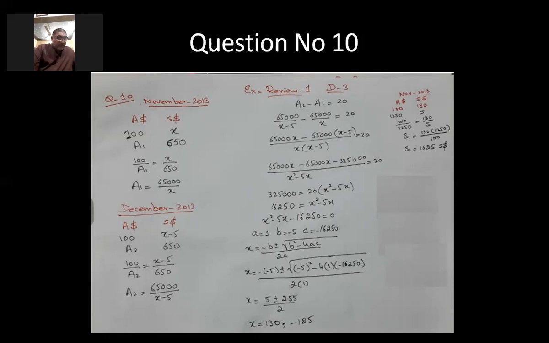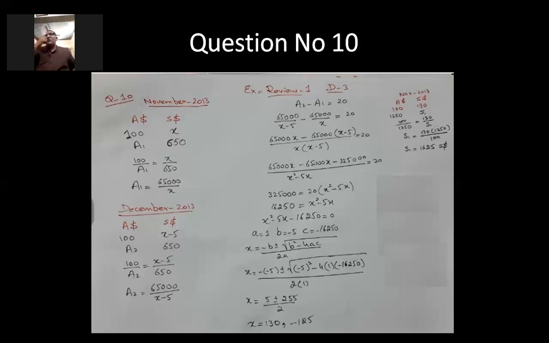Mr. Neo found that for every 650 Singapore dollar he exchanged in the December 2013, he would receive 20 Australian dollars more than if he exchanged in November 2013. The first part is formulate an equation in the X, and the second part is hence find the maximum of the Singapore dollars Mr. Neo received if we exchange 1,250 Australian dollars into the Singapore dollar in 2013.